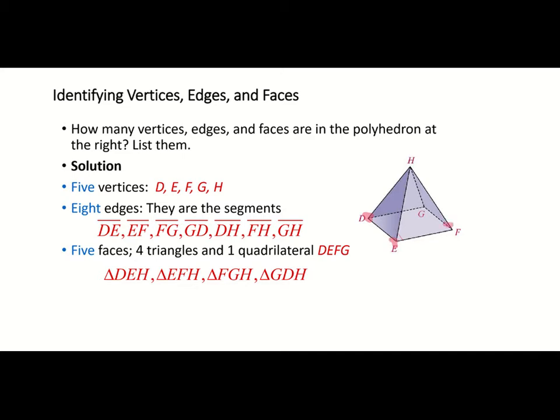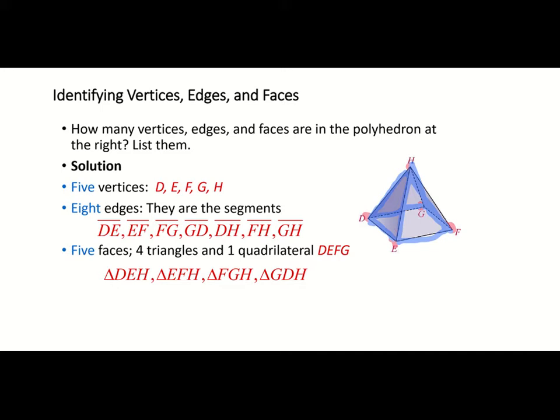The edges are where the faces come together, so we have DE here, EF right here, FG, GD, and then we have DH, FH, GH, and then also they missed one. We have EH as well.